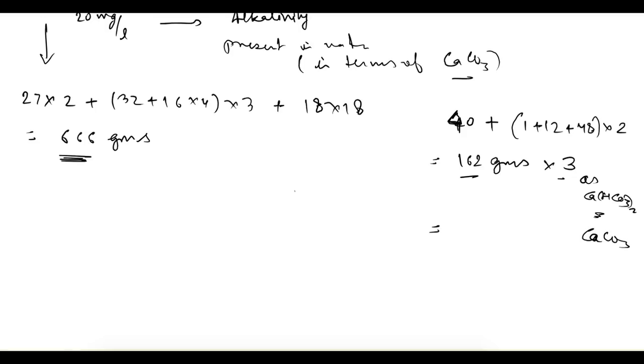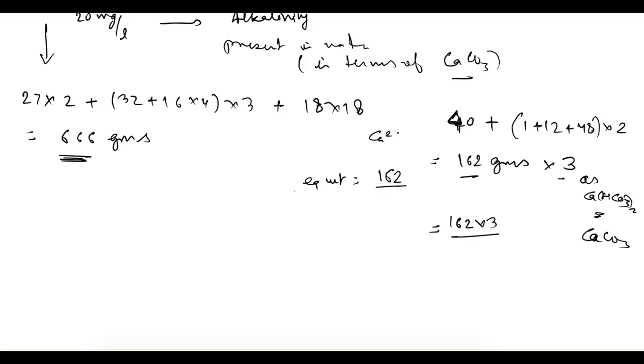For that we have to find the gram equivalent, which is weight in grams, that is 162 into 3, divided by its equivalent weight. The equivalent weight is the molecular weight divided by valency.